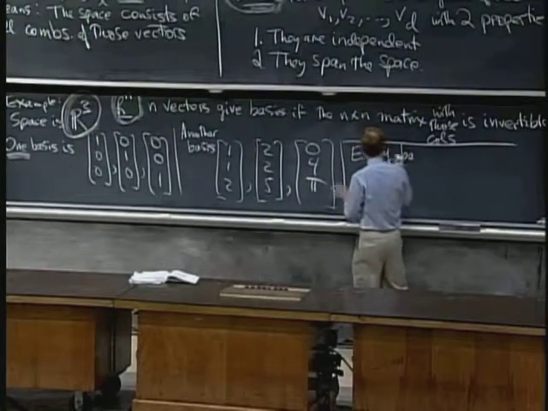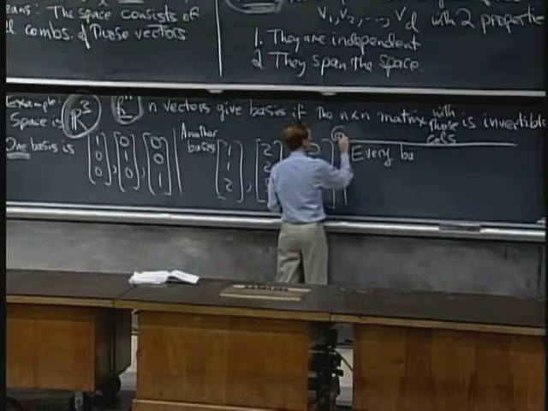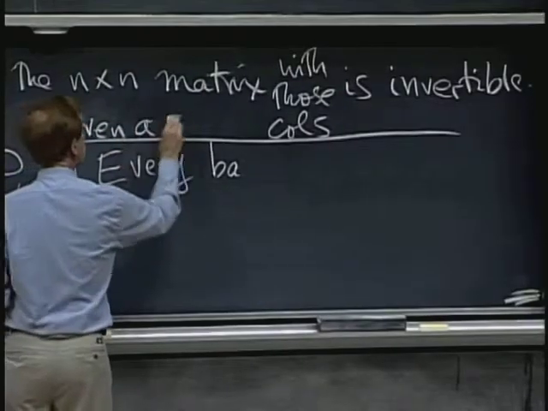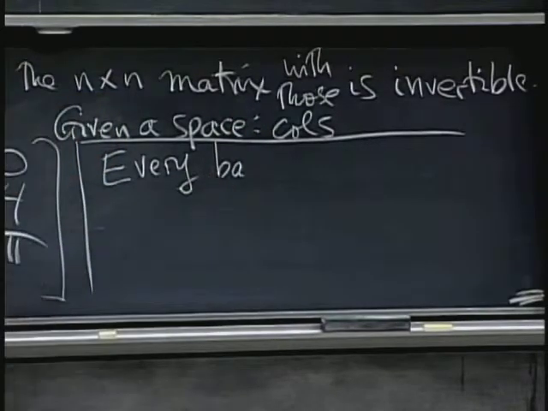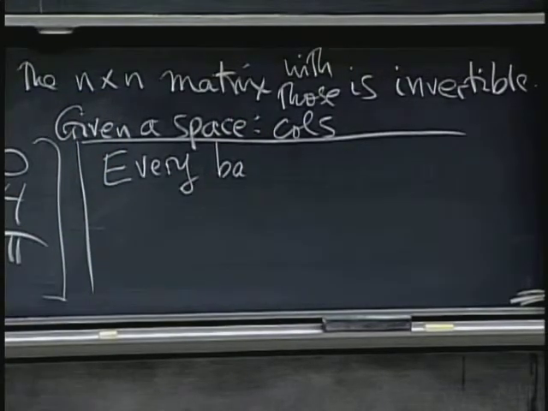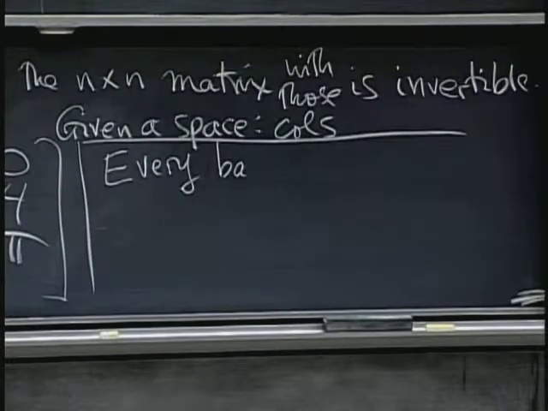Basis, we're given a space, R3 or Rn, or some other column space of a matrix, or the null space of a matrix, or some other vector space.